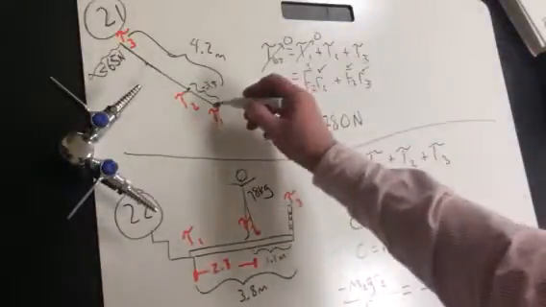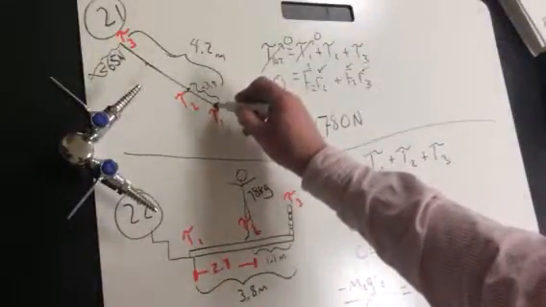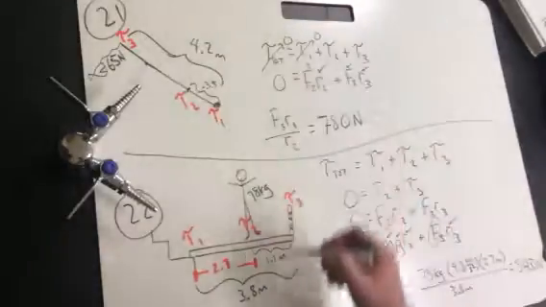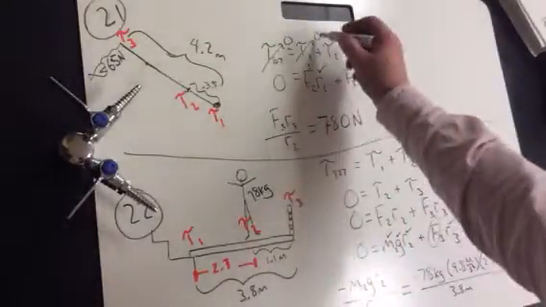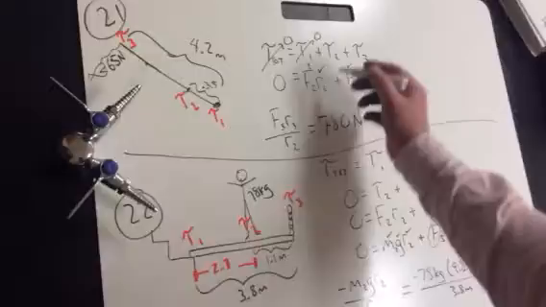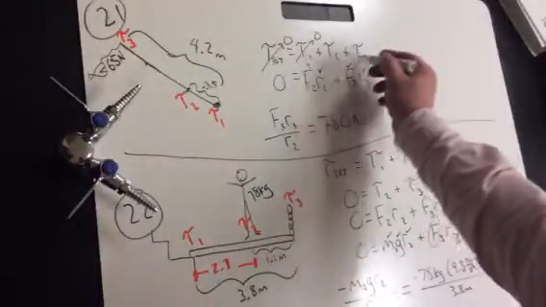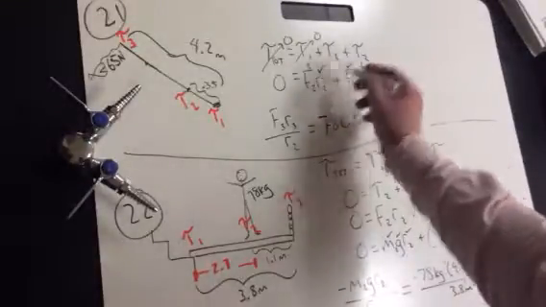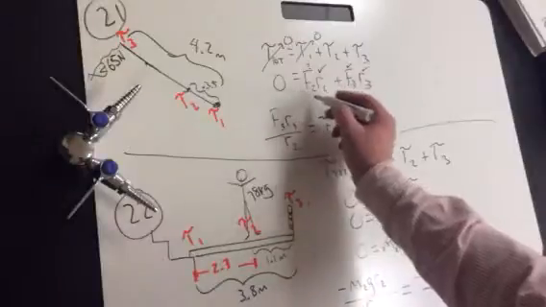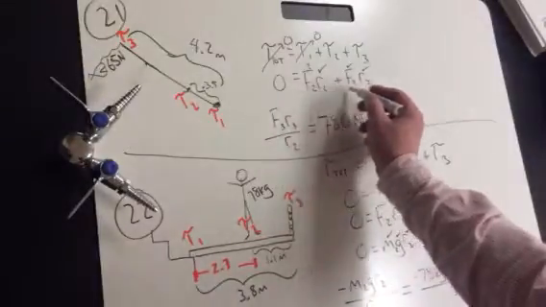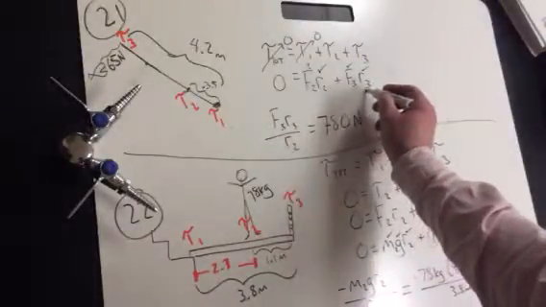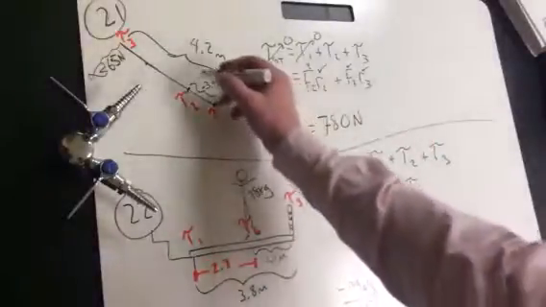So we're going to say that this is our pivot point, so we're going to let that equal 0 because its radius is going to be 0. So simply we have torque 2 and torque 3 that we got to find out. So I rewrote this as 0 is equal to force 2, radius 2 plus force 3, radius 3. Again, this is your hands.